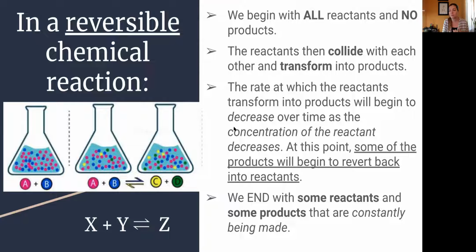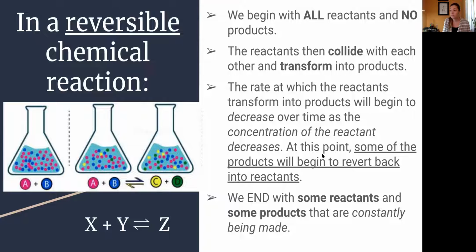It decreases over time as we have fewer reactants. The more reactants that get transformed into products, the slower the process becomes. That makes sense. We know that a higher concentration increases reaction rate, so if we have a lower concentration, our reaction is going to slow down.